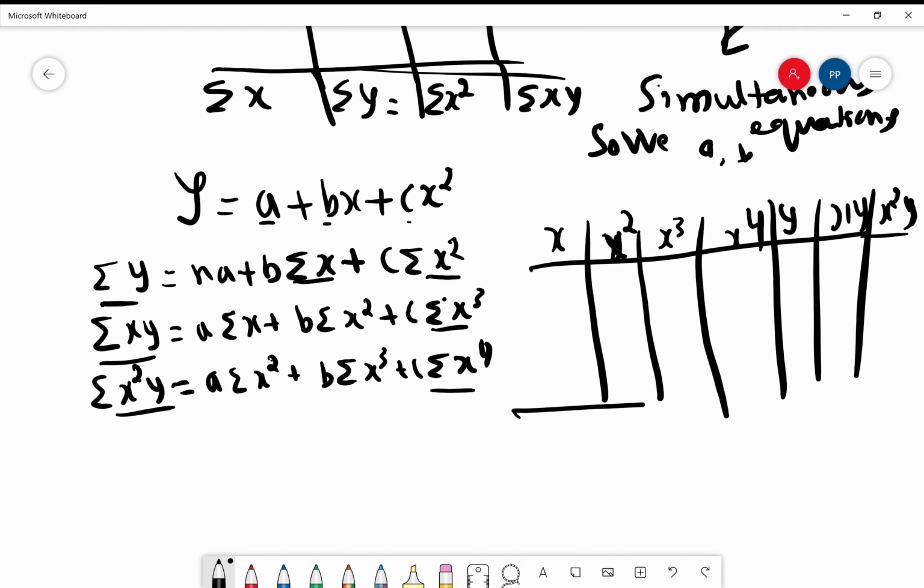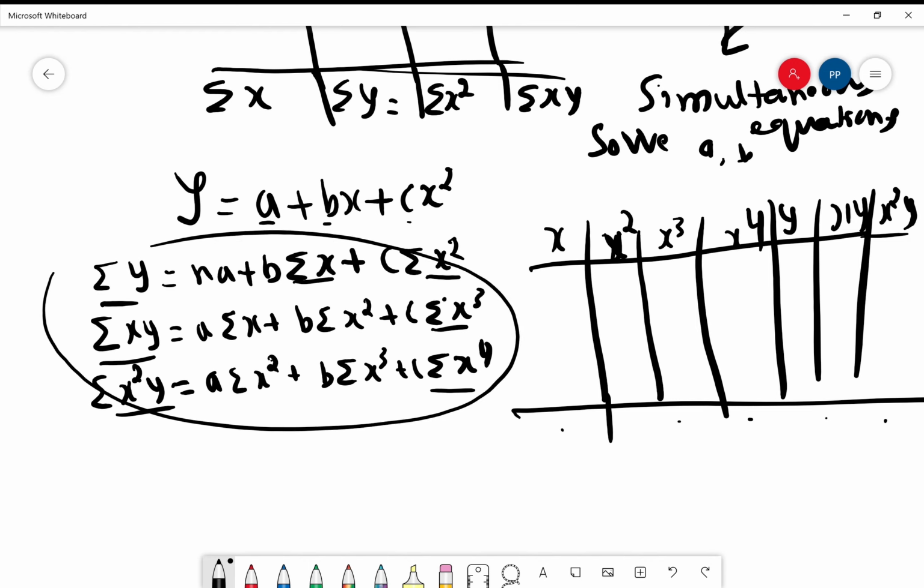Now take the sum of the entries, which will give you the respective summations, and substitute the values. n is nothing but the number of sets of values given, which is normally 5, 6 or 7. Then solve these equations to get a, b, c, and substitute in this equation to get the parabola.